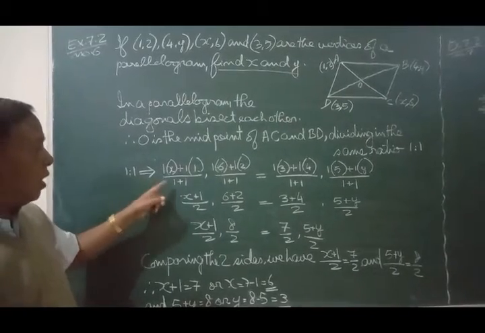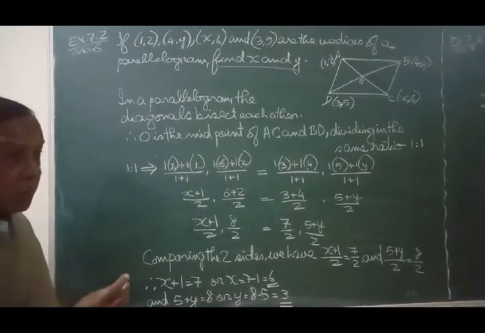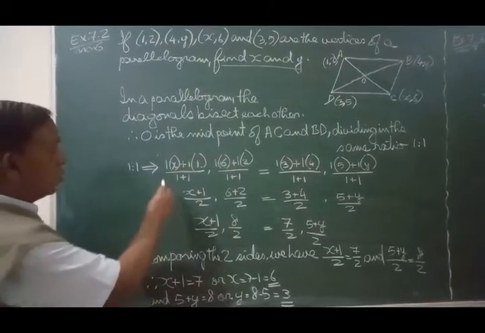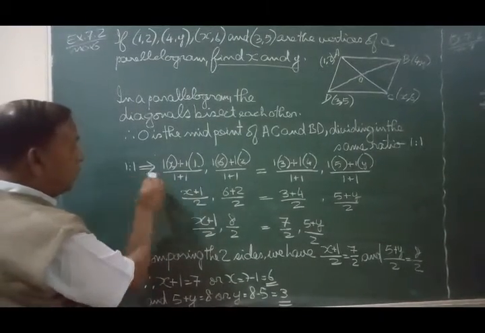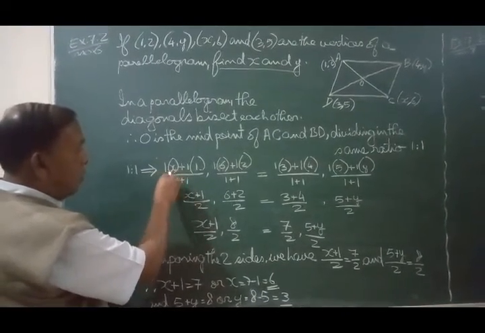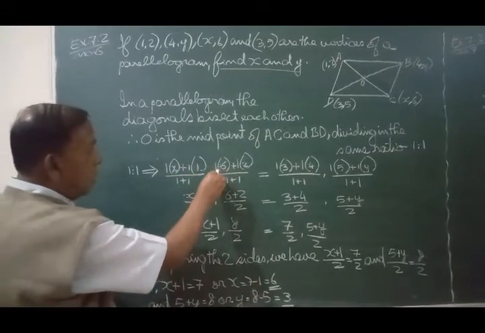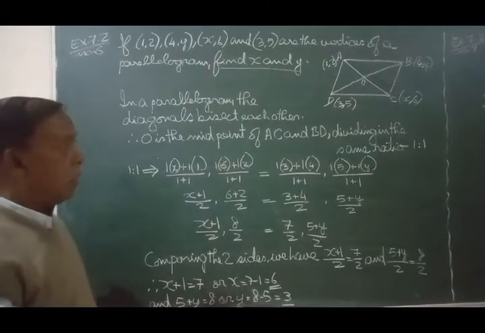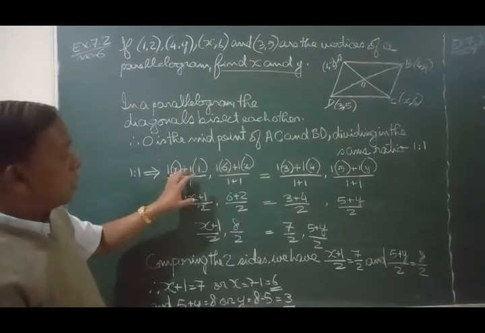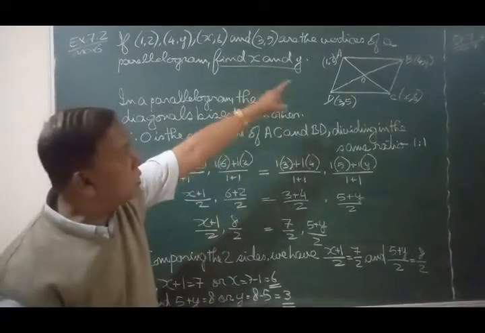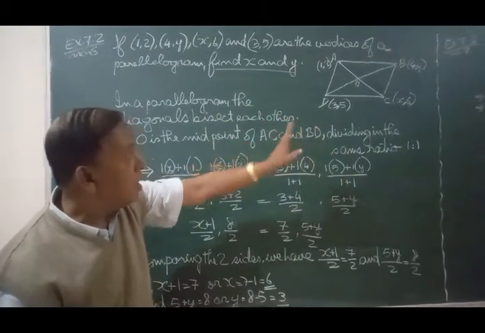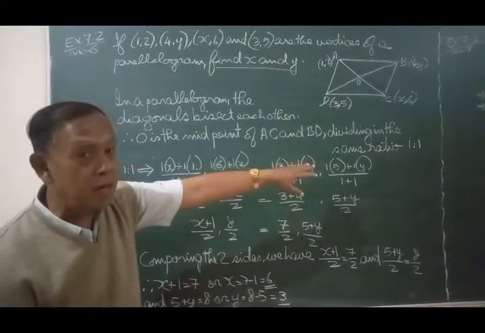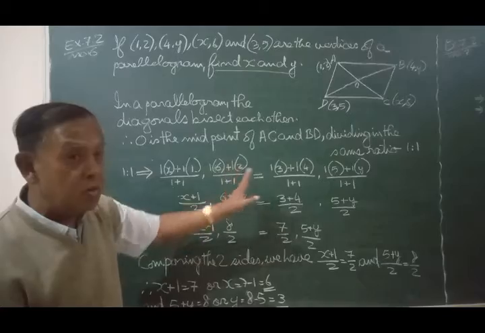1 is to 1, and therefore M1 and M2 are both the same, and the same formula we follow. This is for the first one, equal to the first diagonal, AC. And then equal to the second diagonal, BD, with the same ratio.